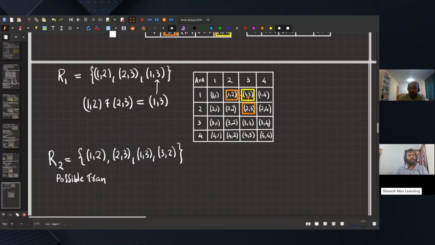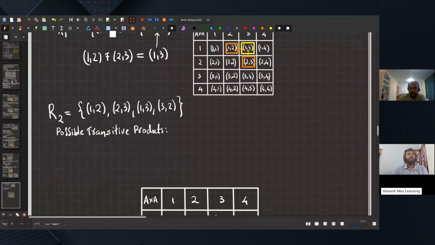Okay, let's find all the possible transitive products. (1,2) and (2,3) is possible, which gives the answer (1,3), and that is present here.